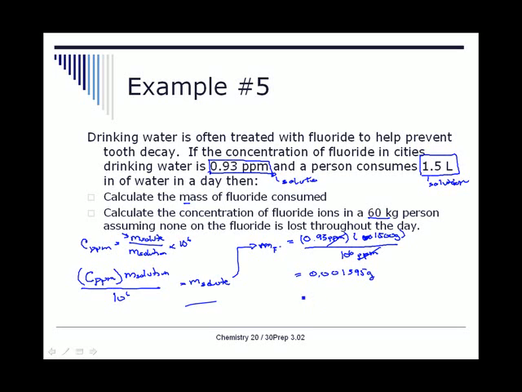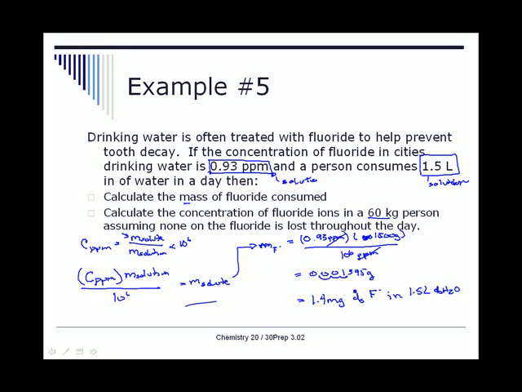0.0001395 grams. We're going to convert that to milligrams, so multiply by 1,000, which is going to move our decimal 3 spots over. 1.4 milligrams of fluoride in 1.5 liters of H2O.